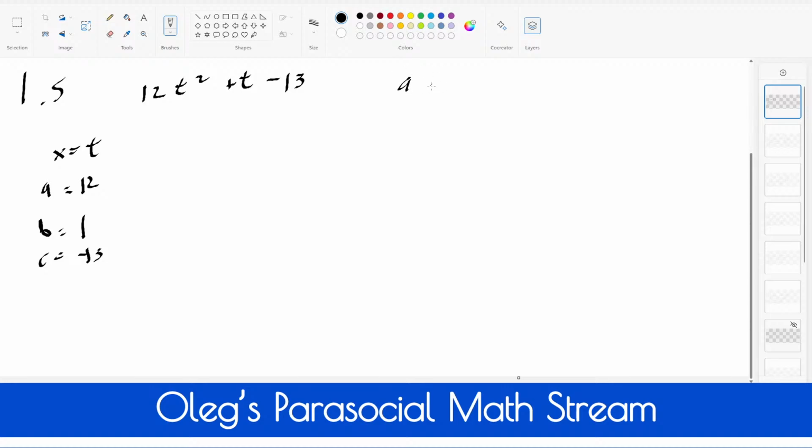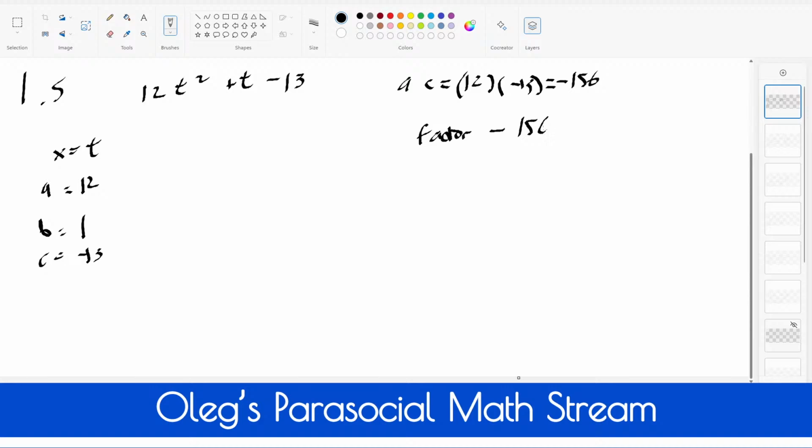We're going to say a times c is going to be 12 times -13. I need a calculator for this so I don't mess this up. And they're also giving us the answer already. It's 156, so negative 156.